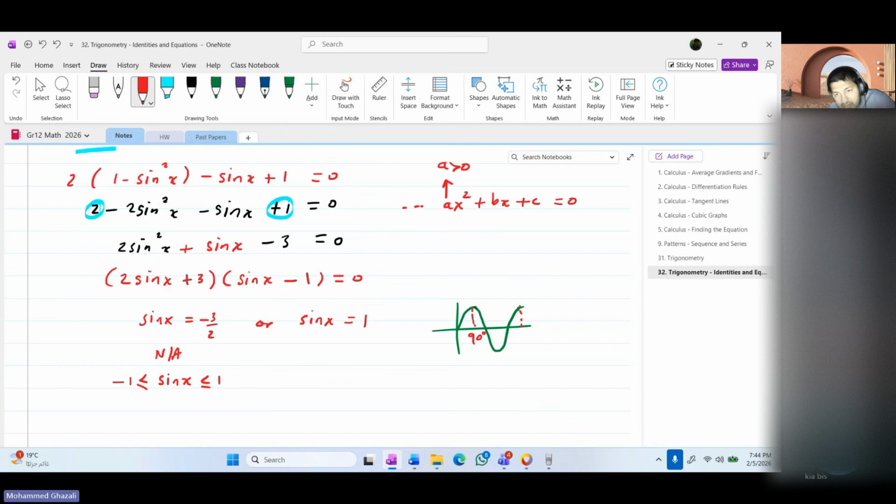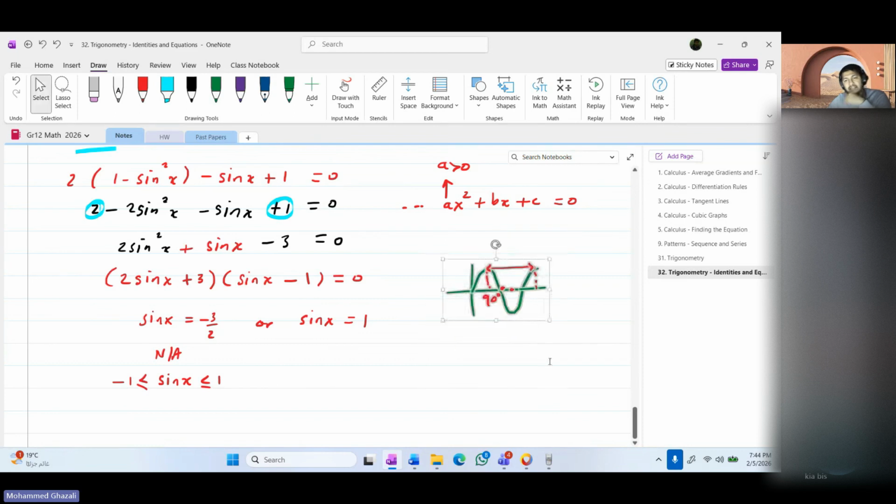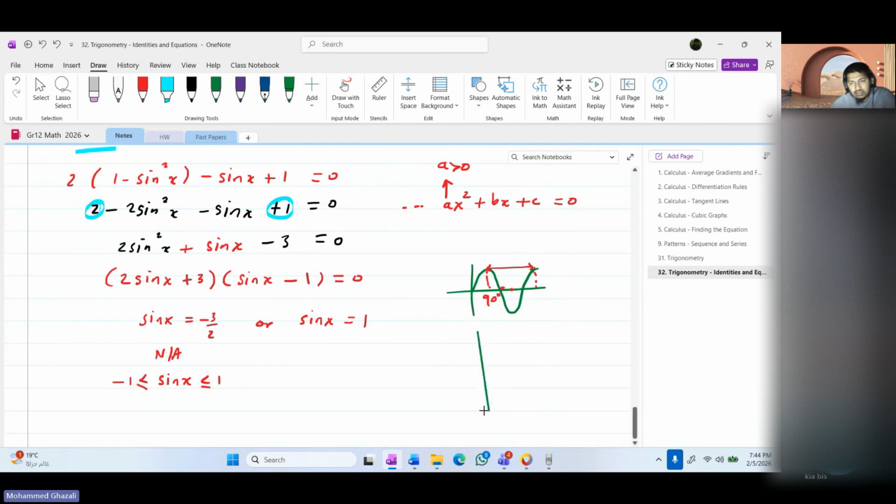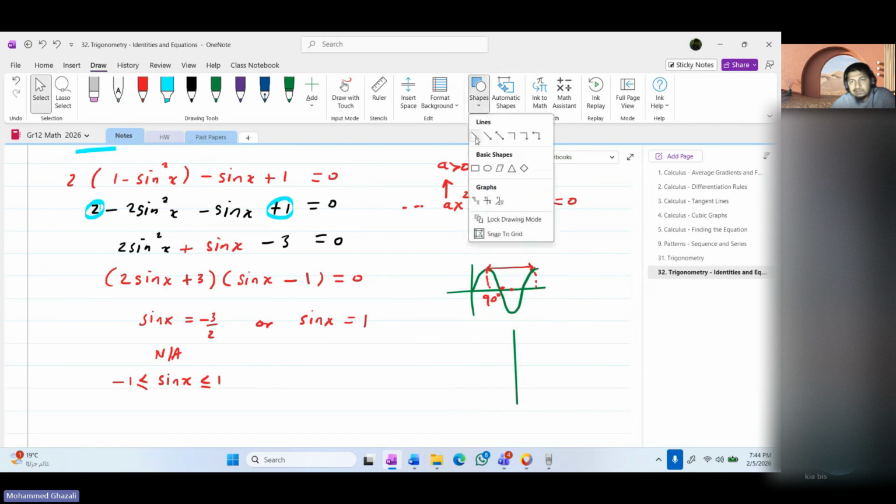And the next point will be from here to there, so that's 90 and then 270 interval. Anyways, we are not going to use the trig graph, because if you use the trig graph, you're going to say 90 degrees plus 270k. But we don't do that, combining the solutions. So I'm just going to solve two general solutions for you, okay?